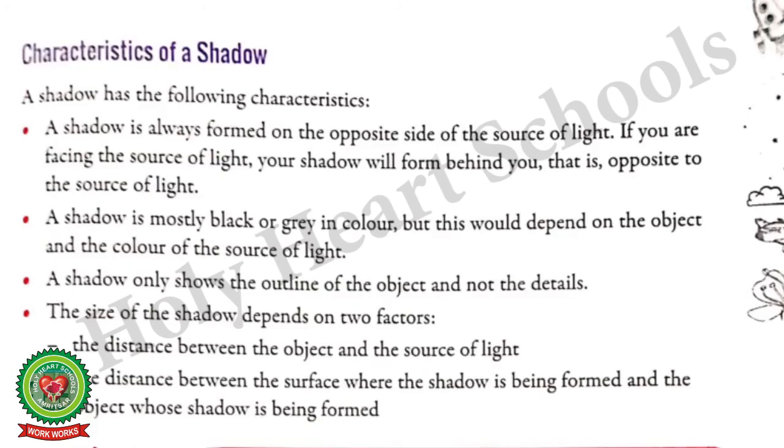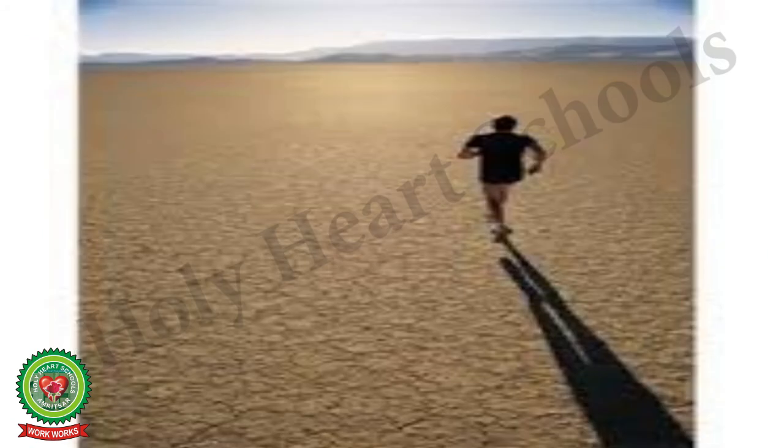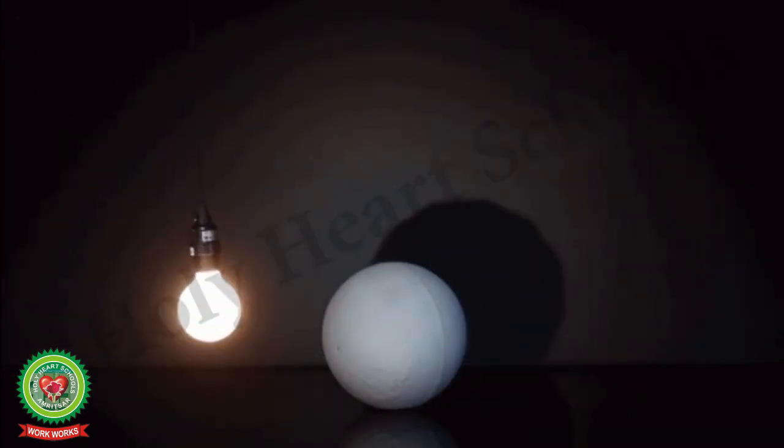Now come to the next topic, characteristics of shadow. A shadow has the following characteristics. Number 1, a shadow is always formed on the opposite side of the source of light. If you are facing the source of light, your shadow will form behind you, that is, opposite to the source of light.